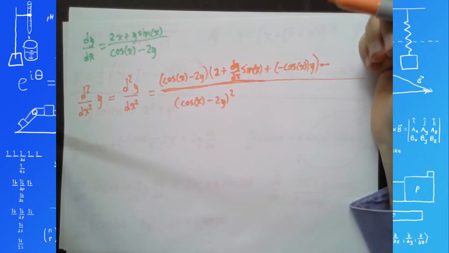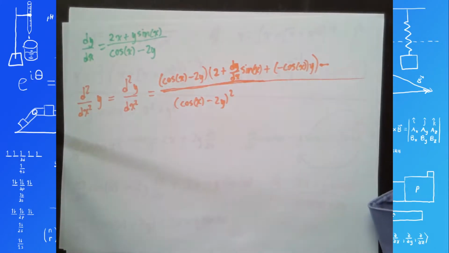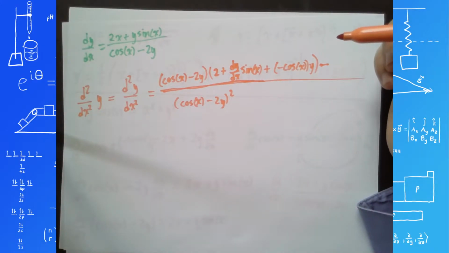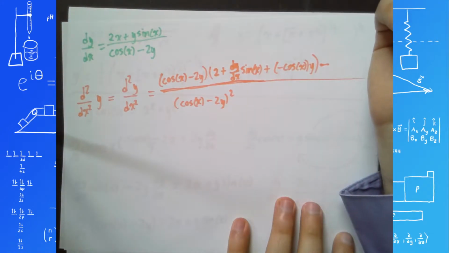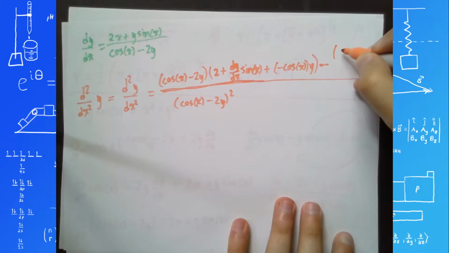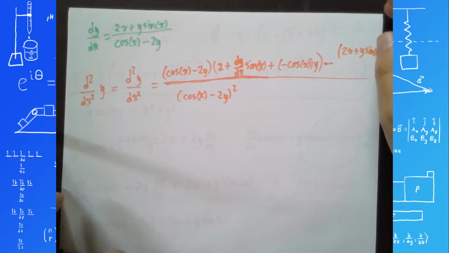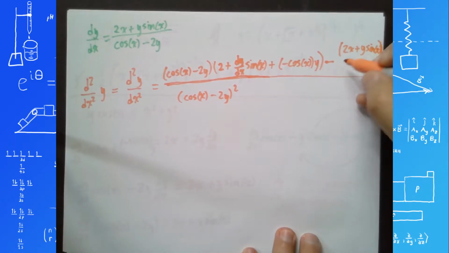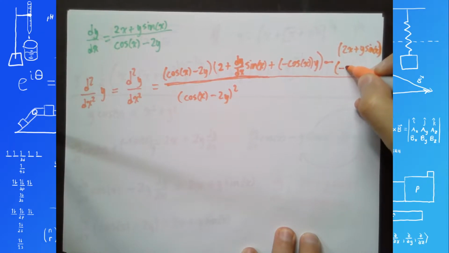Anyway, where was I? So we did f prime g, or at least the way I wrote it, g times f prime, minus g prime f, minus the derivative of the bottom times the top. Okay, so the top is just going to be 2x plus y sine of x, and then times the derivative of the bottom, so times negative sine of x.